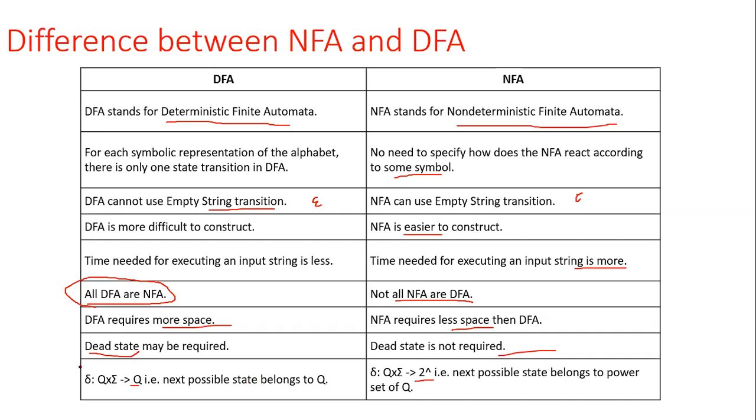In a DFA there is only one state we will reach, but in an NFA we may reach more than one state. This is the difference between NFA and DFA.